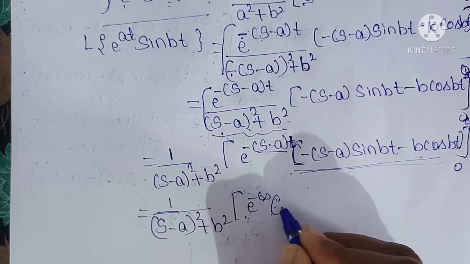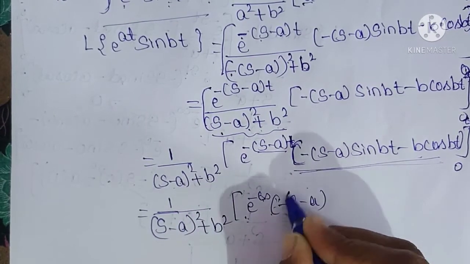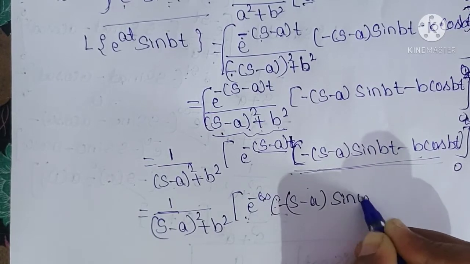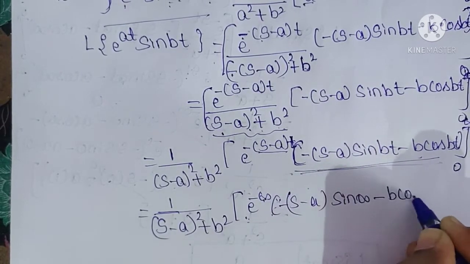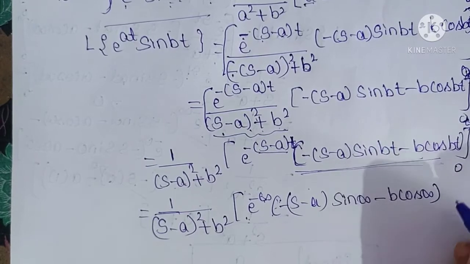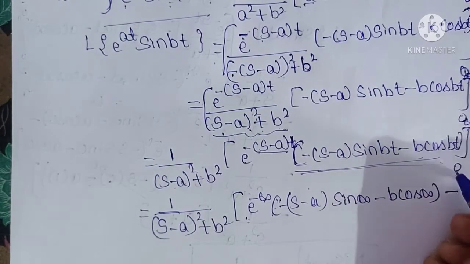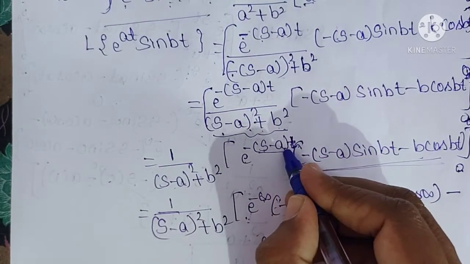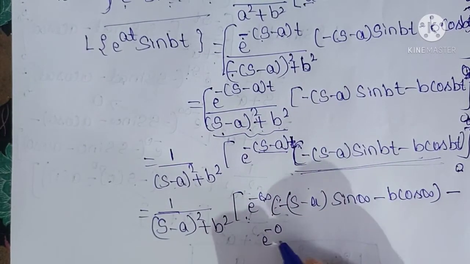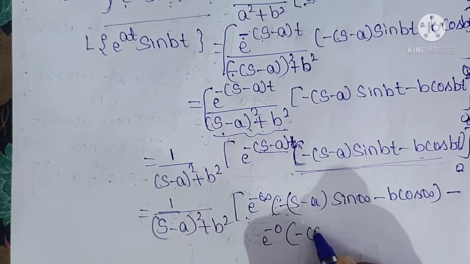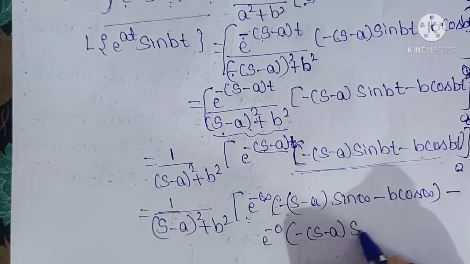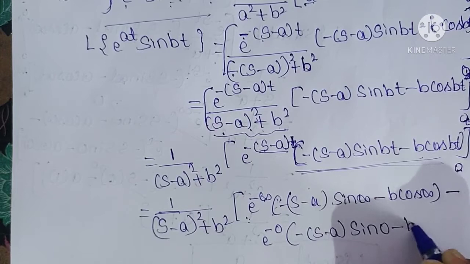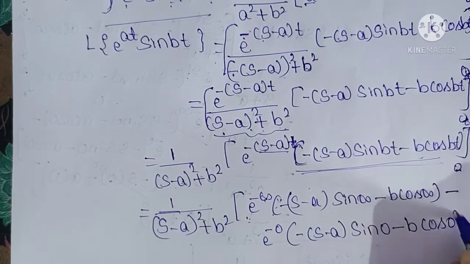That is minus s minus a sin infinity minus b cos infinity, minus the lower limit value: 0 into t is 0, 0 into s minus a is 0, e to the power of 0, minus s minus a sin 0 minus b cos 0.